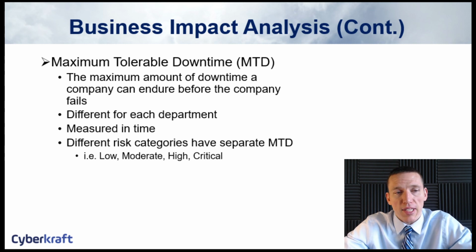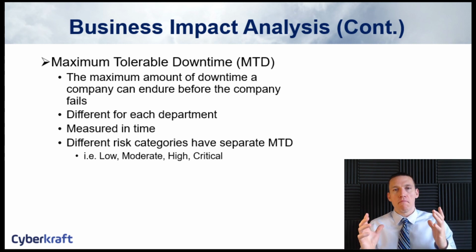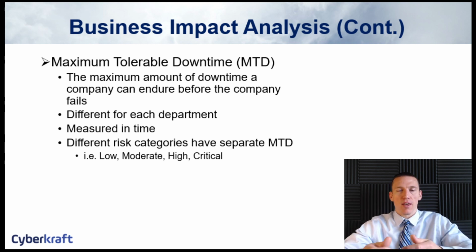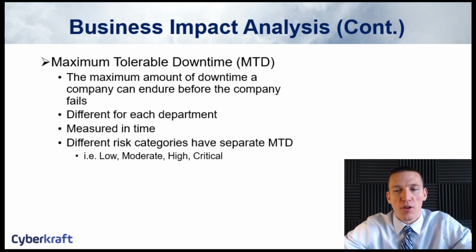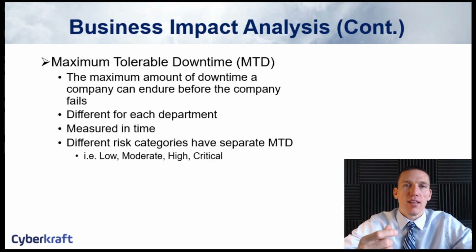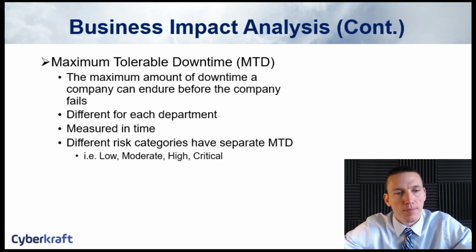Okay, maximum tolerable downtime. It's, like I said, the maximum amount of time a business process can be down before a company fails. And this is going to be different for each business process, as we've seen. We saw that the reporting side had a maximum tolerable downtime that was different than the invoicing process for that example listed in the worksheet.